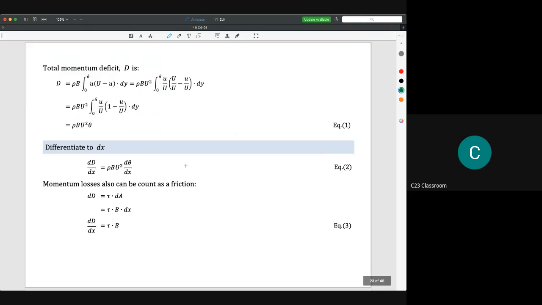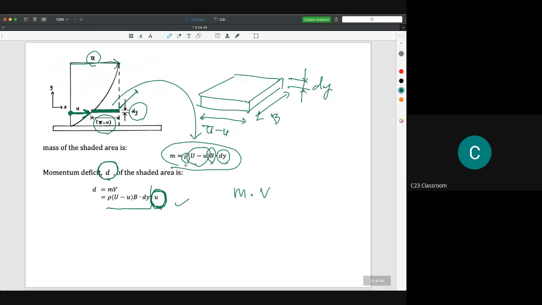And then you know that to get the total momentum we need to integrate it. So we integrate from 0 to delta, because when the local velocity reaches u equal to capital U, the thickness here is actually delta.